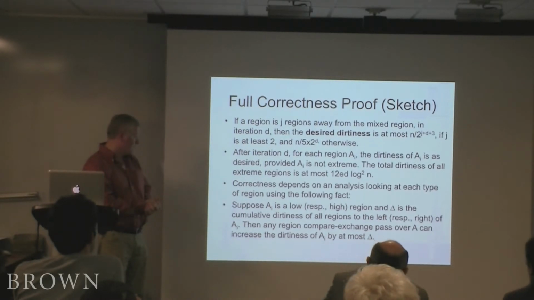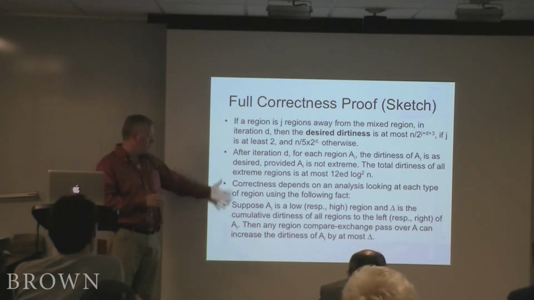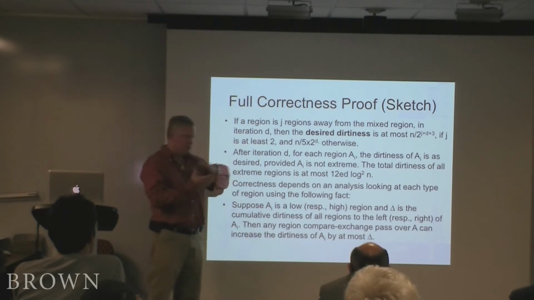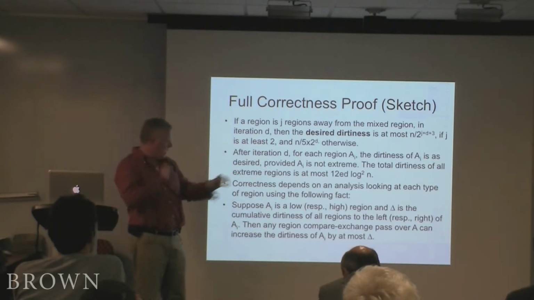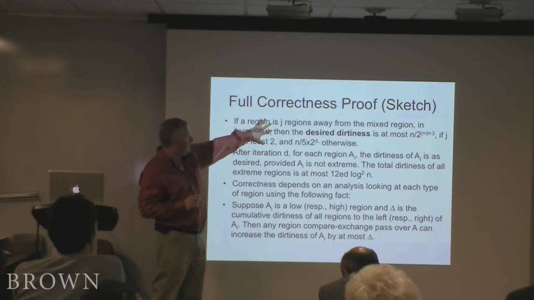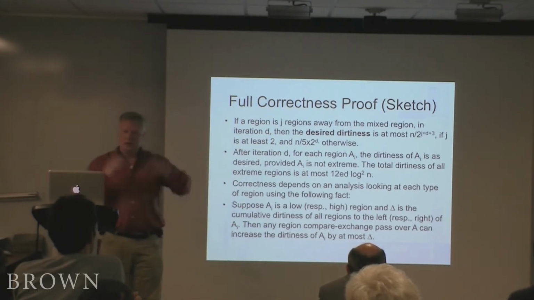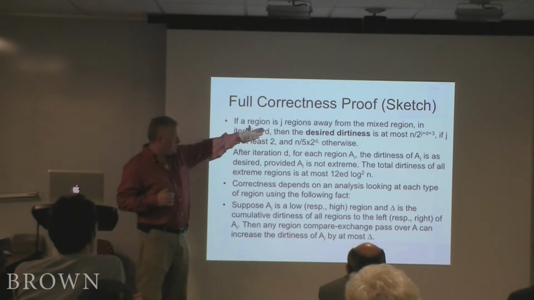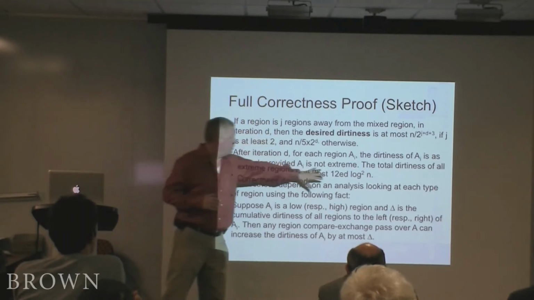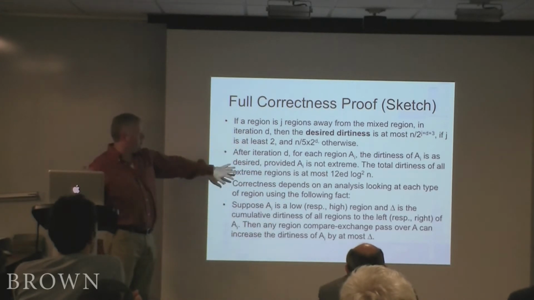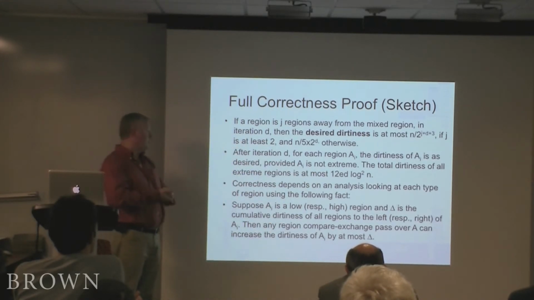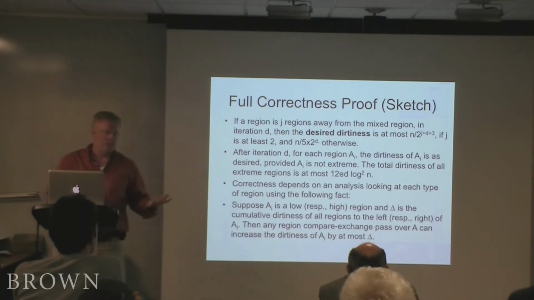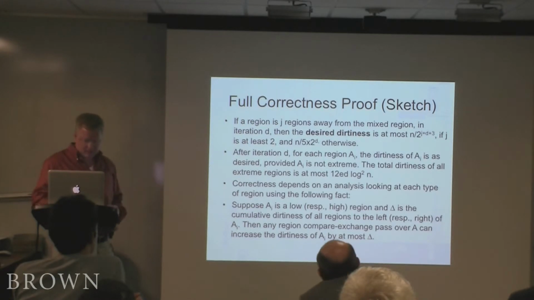After you do this operation, either scan left, scan right, or the bucket passes, you're going to have this desired amount of dirtiness. Again, it's getting exponentially small, until at the end, everybody is extreme. And there's only a polylog amount of dirtiness among all the extreme guys, so now we're in that state of being almost sorted. There's only polylog guys that are out of order. And so then you just apply that post-process and so on.